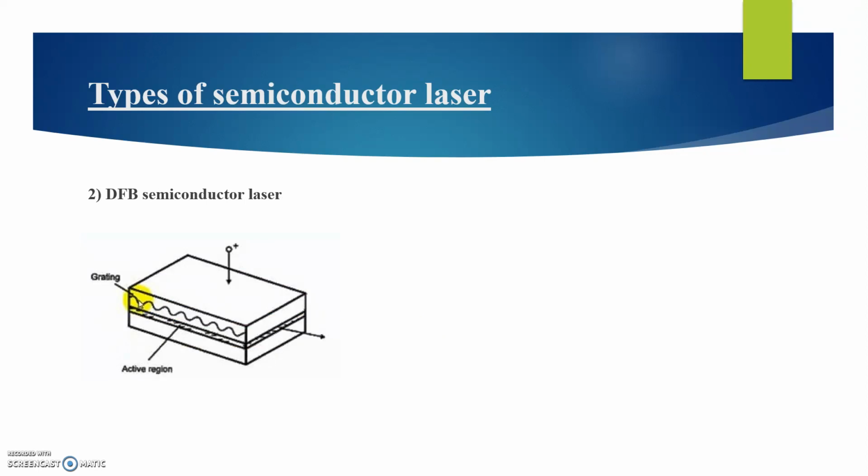The DFB laser or distributed feedback laser has a grating below or above the active layer and oscillates at the single wavelength defined by the Bragg wavelength of the grating. It exhibits superior performance, including a narrow spectrum width and low noise, and hence is used as an optical signal source in a long-haul optical communication.